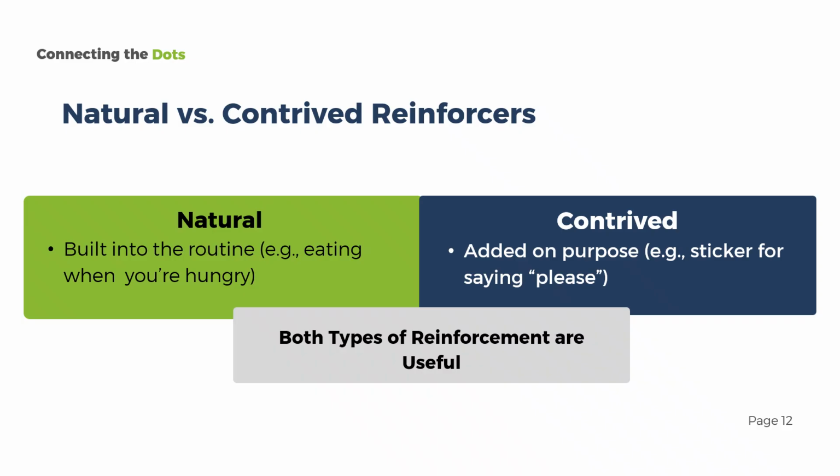Both types of reinforcement are useful because natural reinforcers help build independence and real-world skills, while contrived reinforcers can be great for teaching new behaviors or shaping specific skills. We often start with contrived rewards to teach new skills, but over time, we shift to natural ones that make sense in real life.